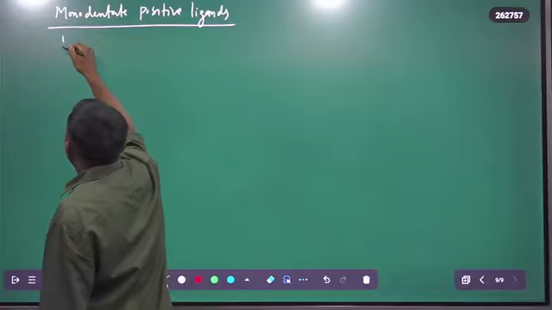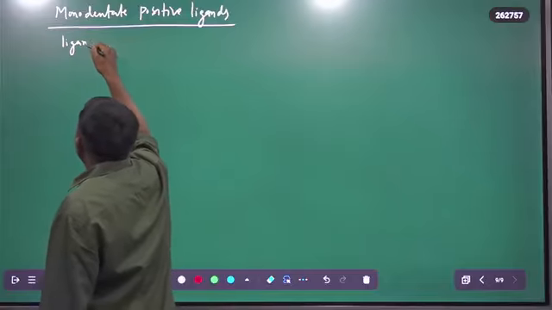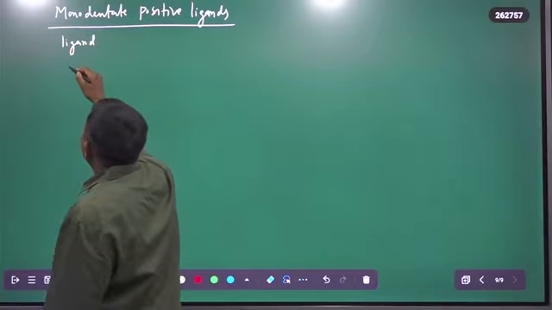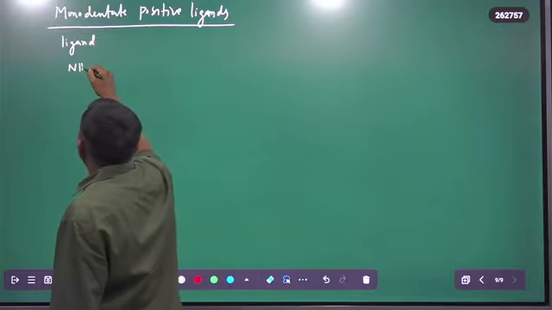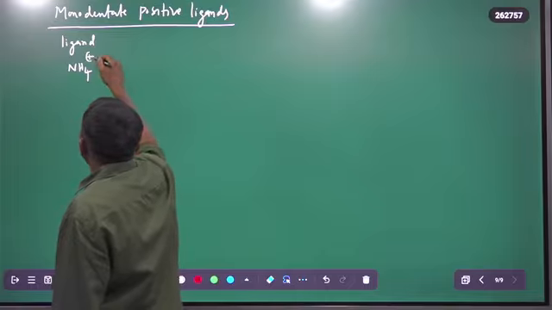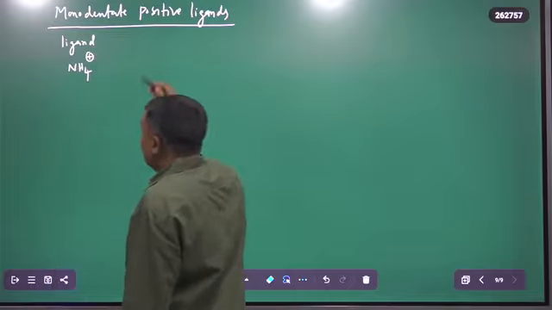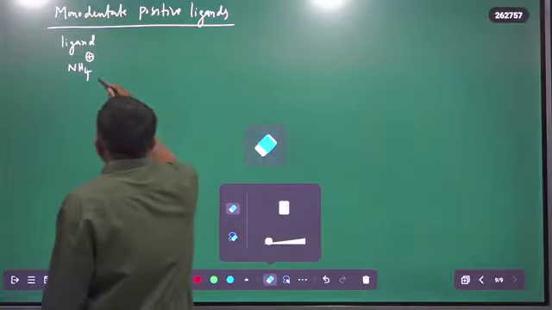A positive ligand, for example ammonium, NH4+.